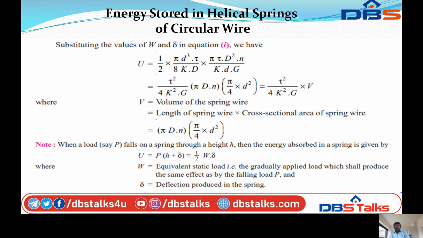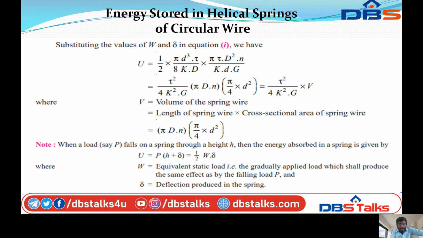Substituting the values of W and delta in equation 1, U = 1/2 × (pi/8 × d cube × tau / (K D)) × (pi × tau × D square × N / (K × d × G)).